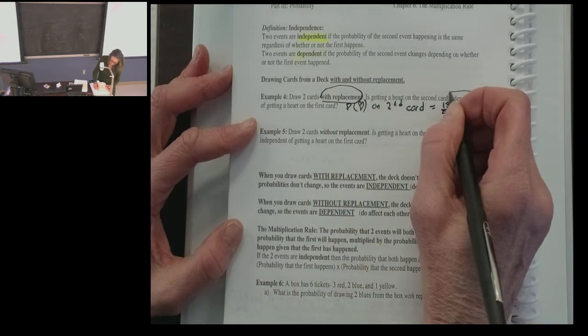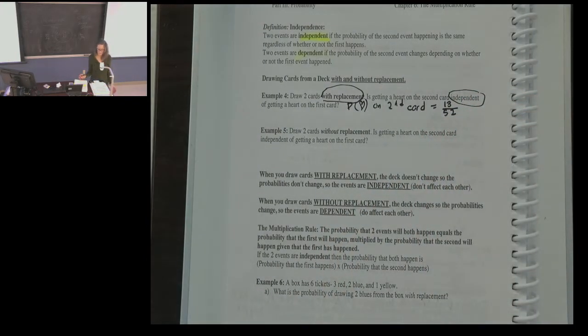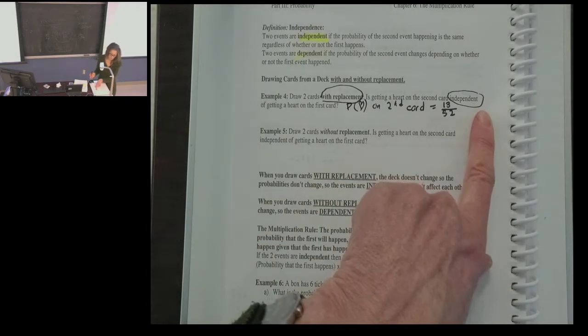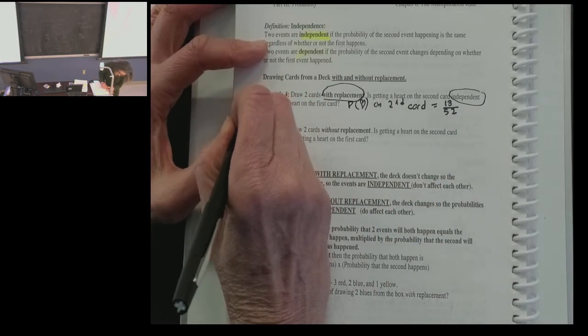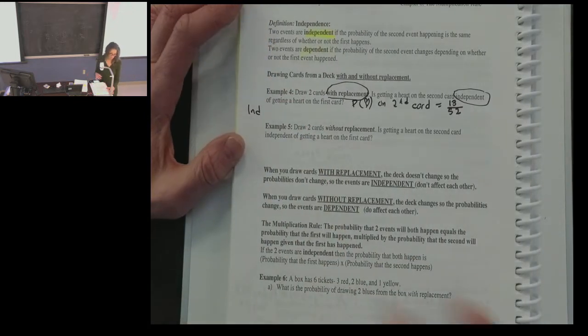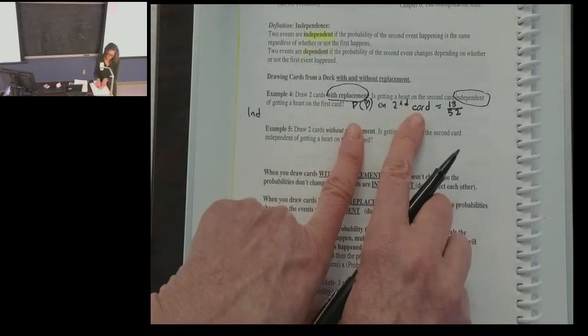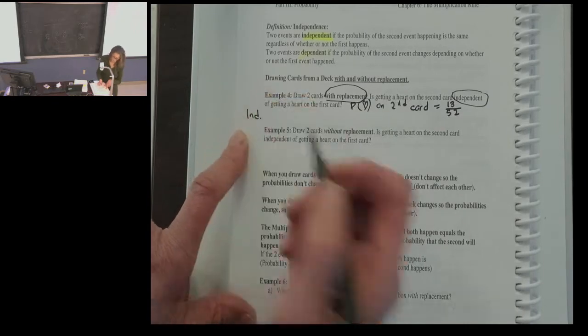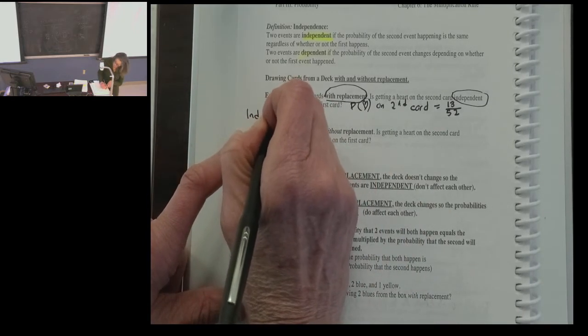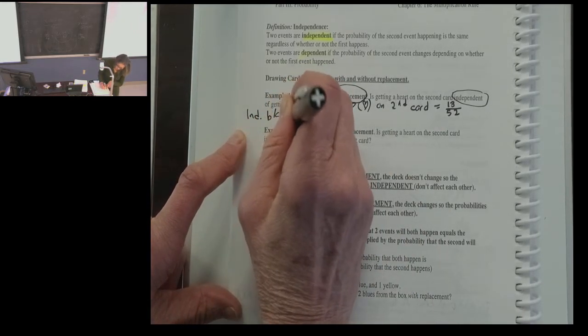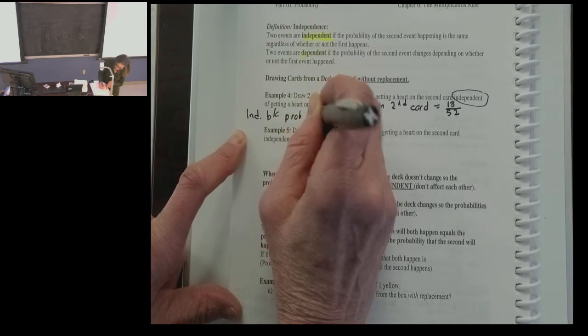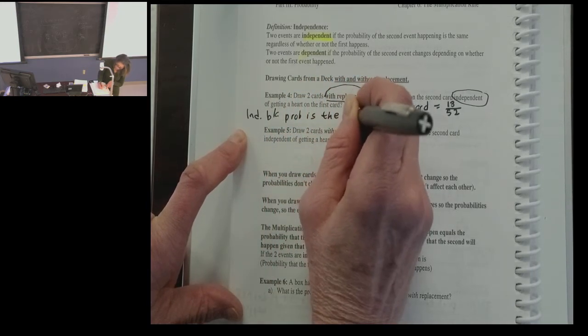They're independent. Why are they independent? Because the probability is the same regardless of what the first card is. The two events, what you get on the first and what you get on the second, don't depend on each other, so it's independent because the probability remains the same no matter what you get on the first.